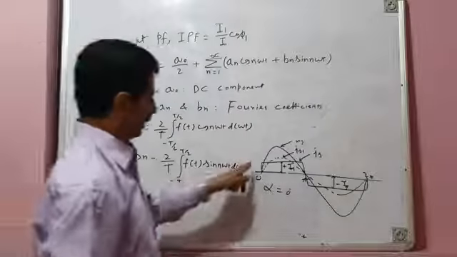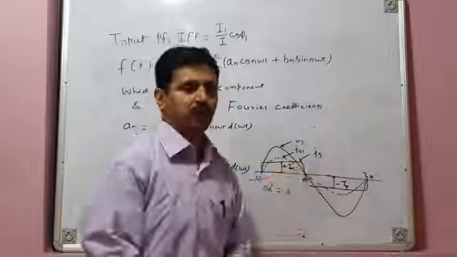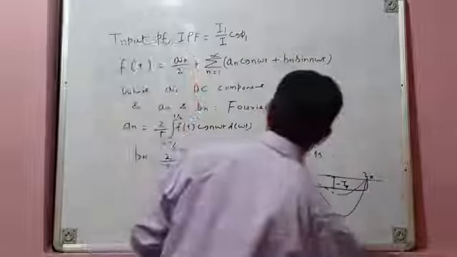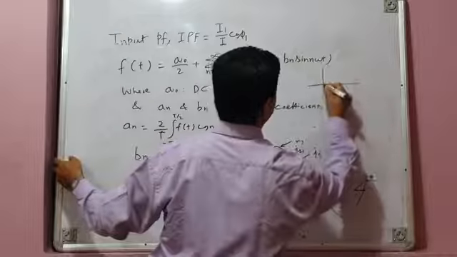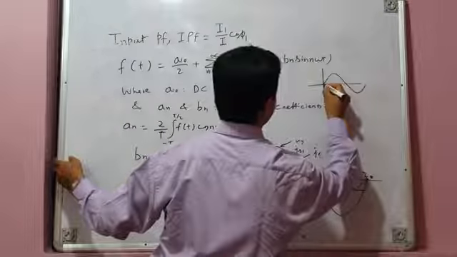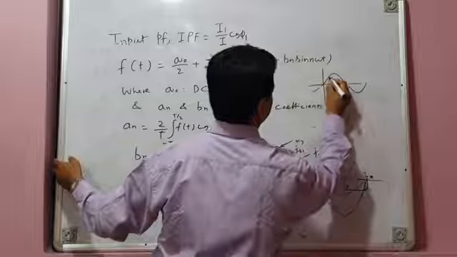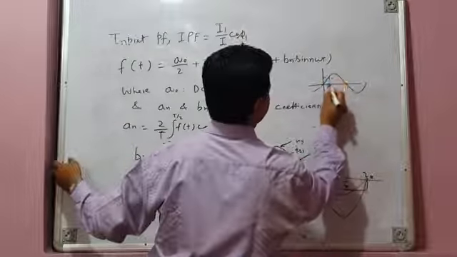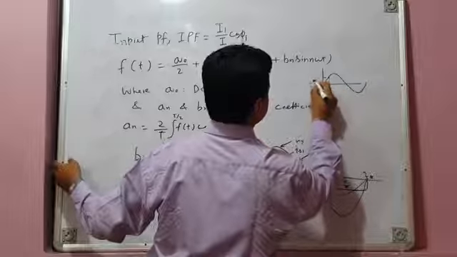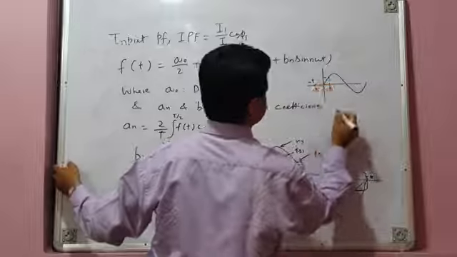Now this source current waveform has odd symmetry. What is odd symmetry? You must remember, odd symmetry means, for example, if you have a waveform like this, you take its value at t, and at minus t you find its instantaneous value.